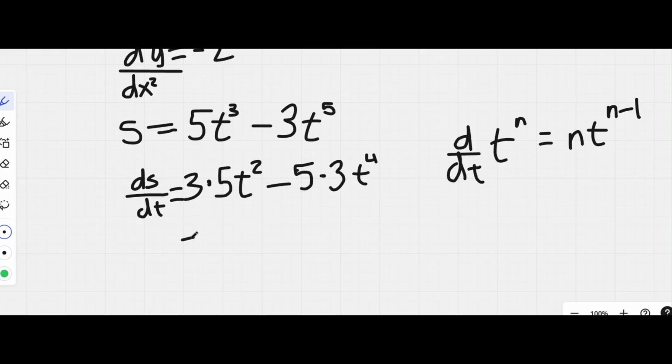Now we're going to simplify. 3 times 5 is 15. 15t to the second power minus 15t to the fourth power. That's our first derivative, ds over dt.